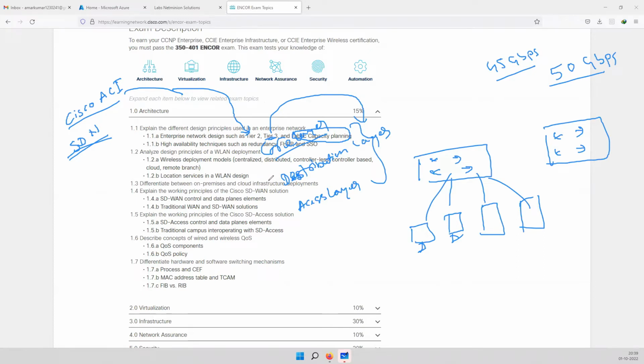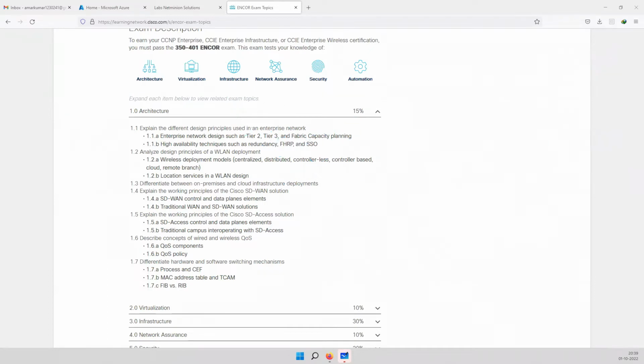We will talk about that in detail later, but for now I'm just making you aware of the course content. We are going to talk about high availability techniques, FHRP and SSO, which is stateful switchover.